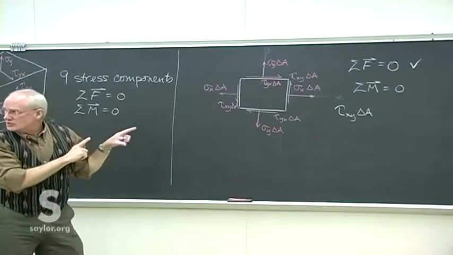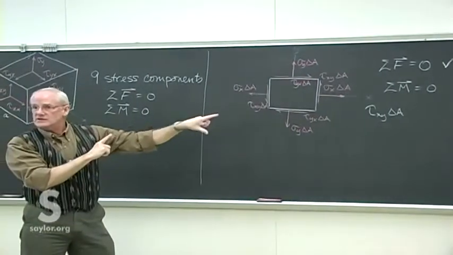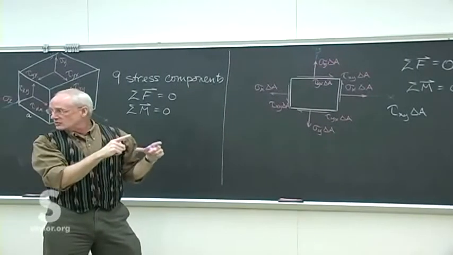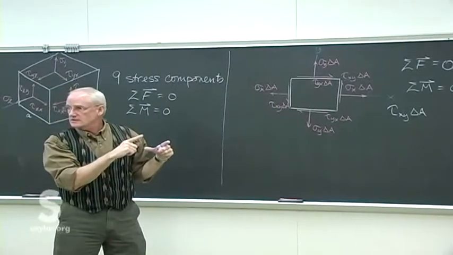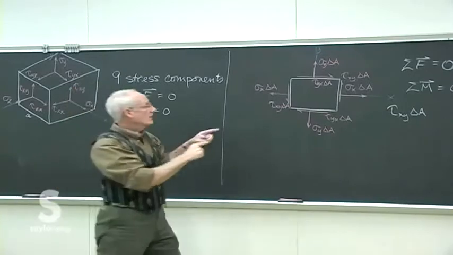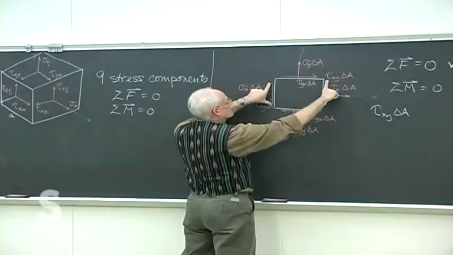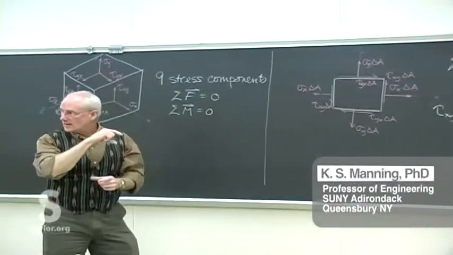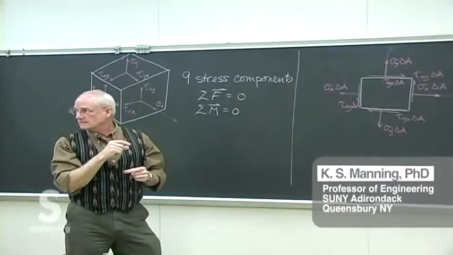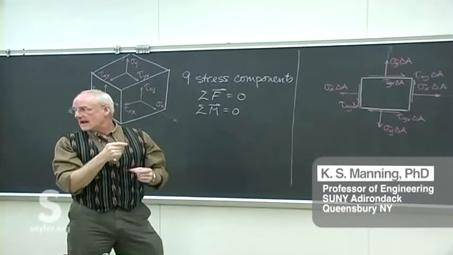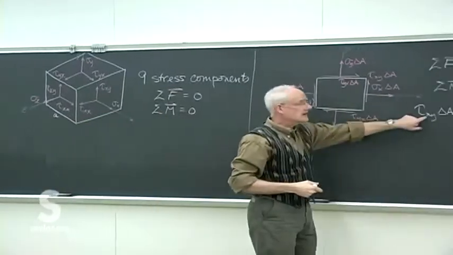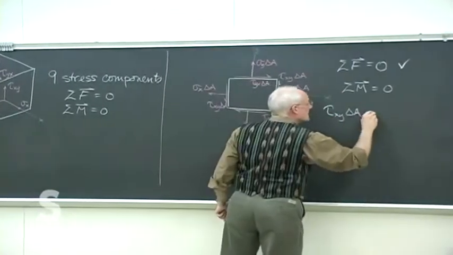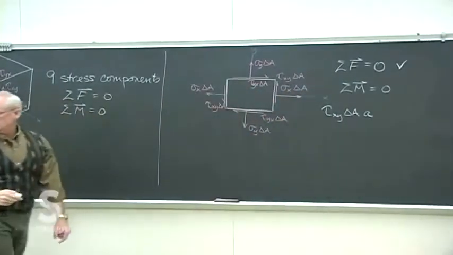But what's the magnitude of the couple? This is just the forces in the couple. How do we calculate the magnitude of a couple formed by two forces? We have two equal and opposite forces separated by a distance that causes a moment, causes a couple. The magnitude of that couple is the magnitude of the forces times the distance between the two.